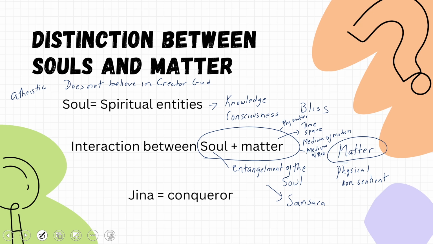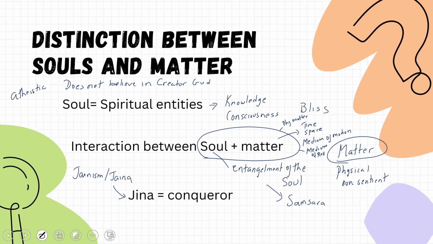Now along the same lines, what is the root or etymology of Jainism? Yeah, but from where does it come? So we see Jainism or Jaina is derived from Jina, which means conqueror.